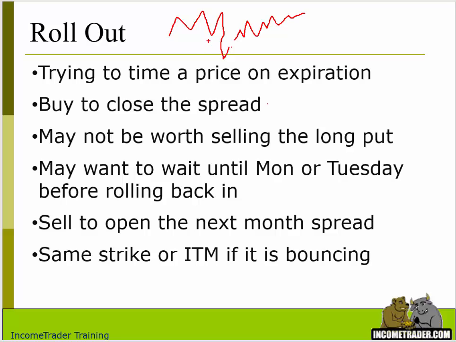Because folks, if you notice, expiration day is the third Friday of the month on the monthly expirations. Many times stocks will stay in their patterns and then on expiration day they'll have a really unusual play, and then two days later, Monday or Tuesday, bam, it's right back into its trend. That's a very interesting coincidence.